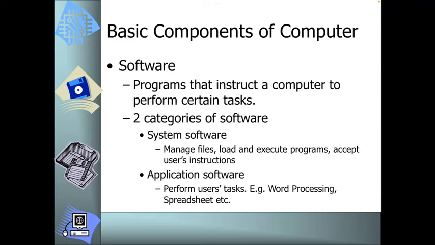The keyword here is instruct. When we do programming, actually what we do is give instructions on what the computer should do, and the computer just follows what we instruct, not more than what we program.